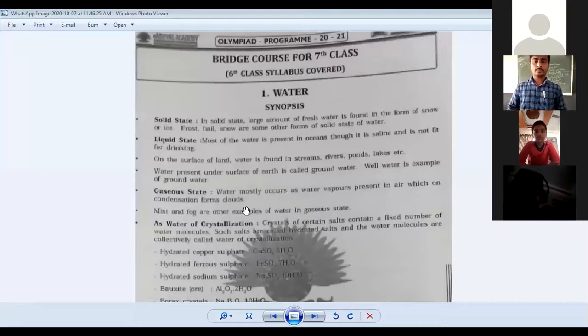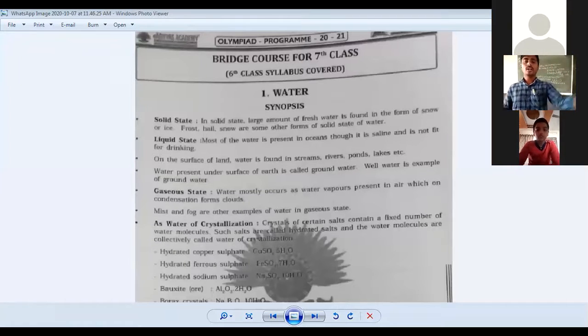First one, you may zoom it. Solid state. In solid state, a large amount of fresh water is found in the form of snow or ice. You know very well that ice, frost, hail, snow. So once you see here, how is the frost, how is the hail, how is the snow.